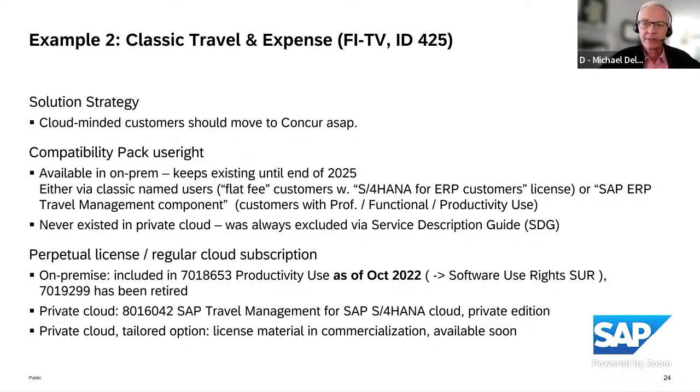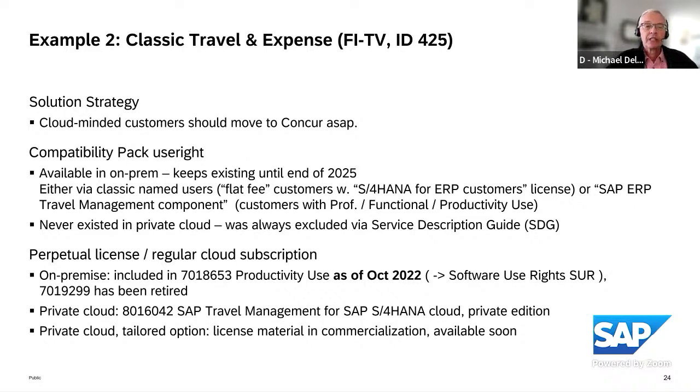Classic travel and expense. Similar to HCM, the solution strategy here is cloud first. So any customer should move to Concur because FITV is not strategic anymore, and we are not investing into this functionality anymore.